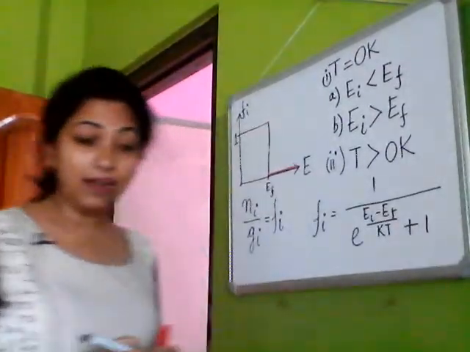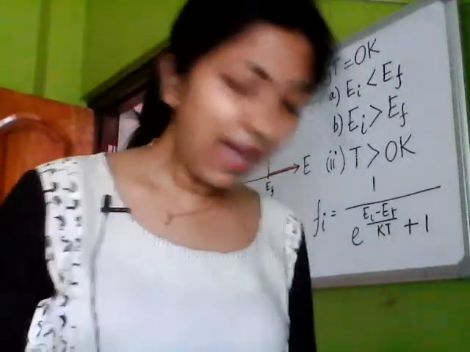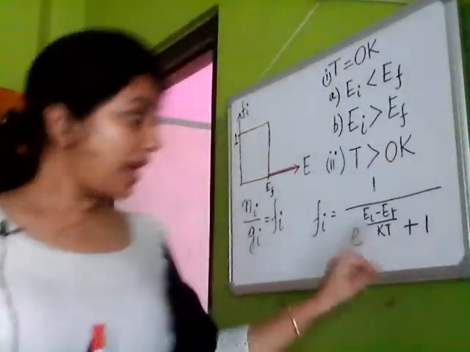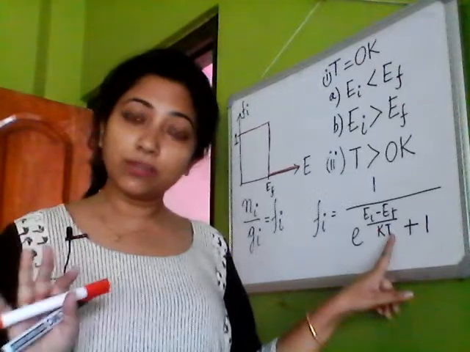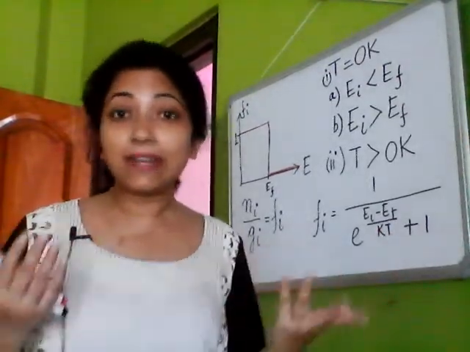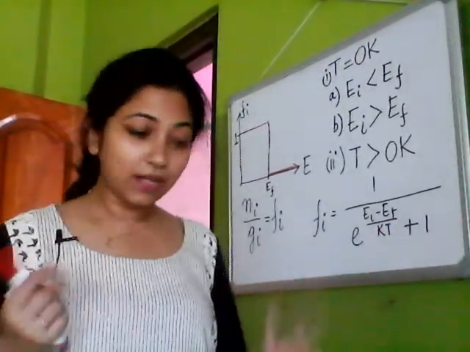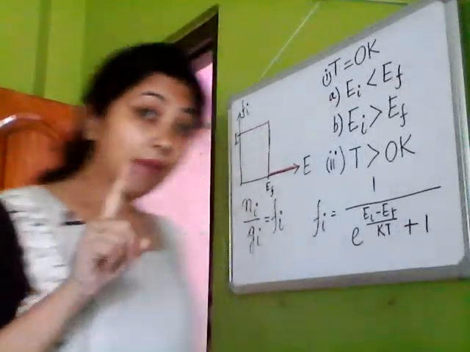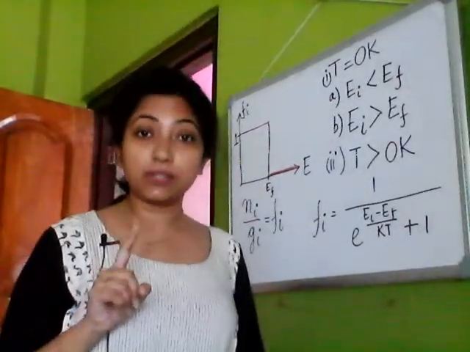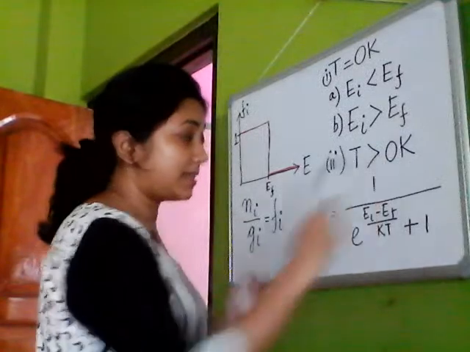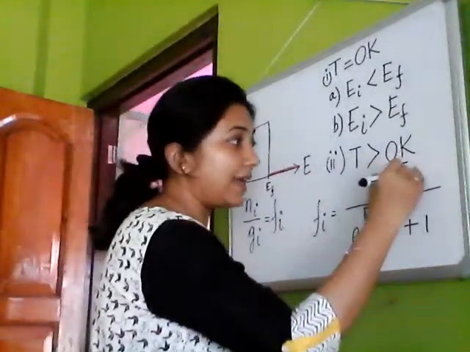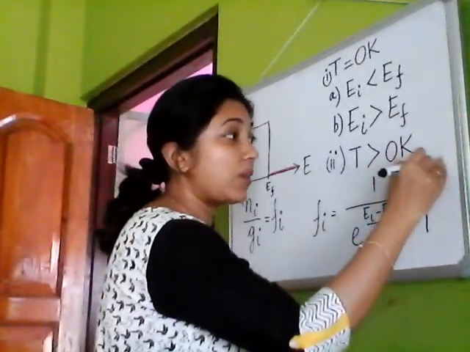This is what we are left with. Now, in this scenario, when I am putting this T which is not equal to 0, we are not having any infinite-like situation, right? Then what happens?